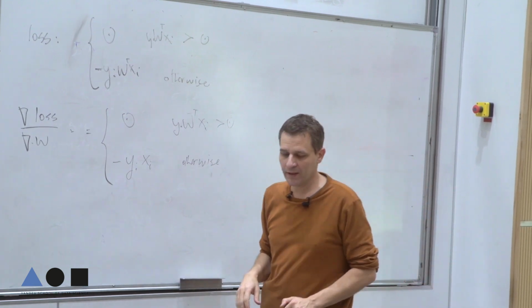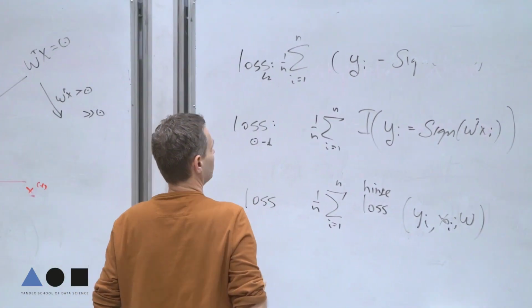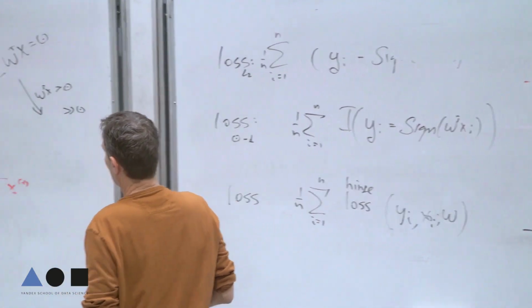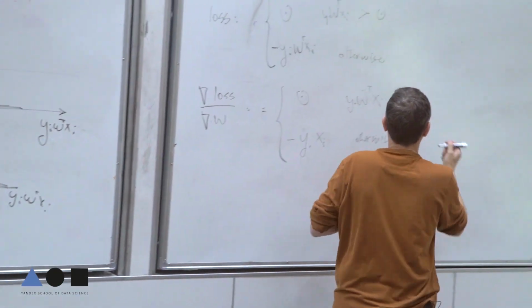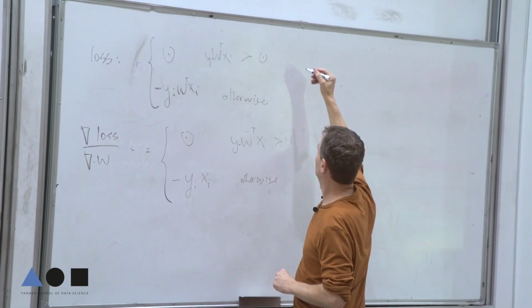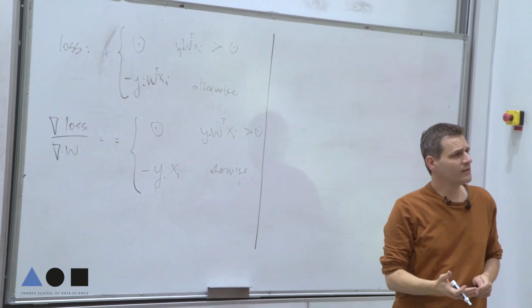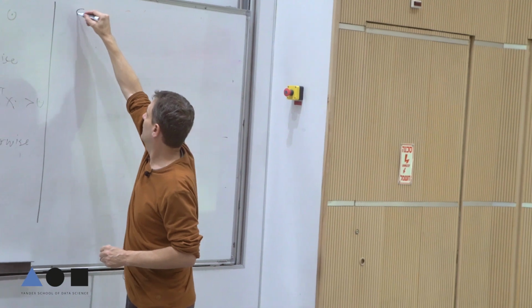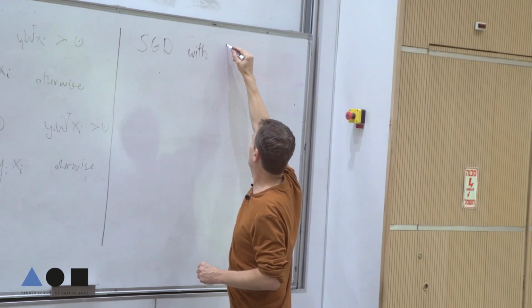So let's write the stochastic gradient descent algorithm. I'm going to write it here. So how does SGD work? Let me just write SGD with Hinge loss.